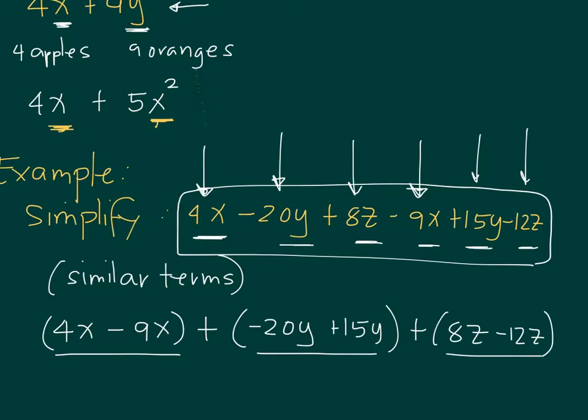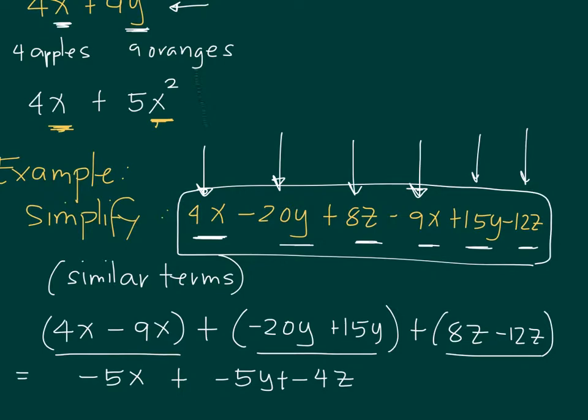Once you group the similar terms, you can already perform addition or subtraction of the terms. So 4x minus 9x is equal to negative 5x. And then negative 20y plus 15y is negative 5y. 8z minus 12z is negative 4z, or plus negative 4z.